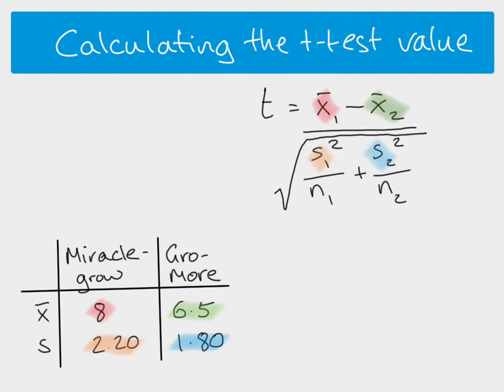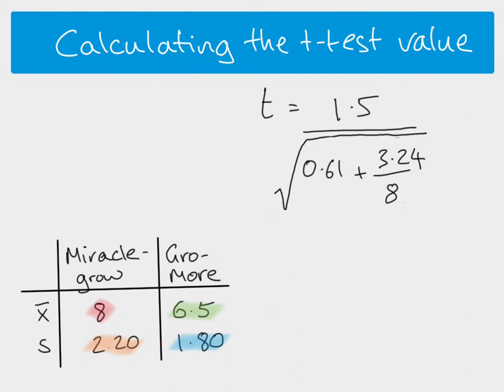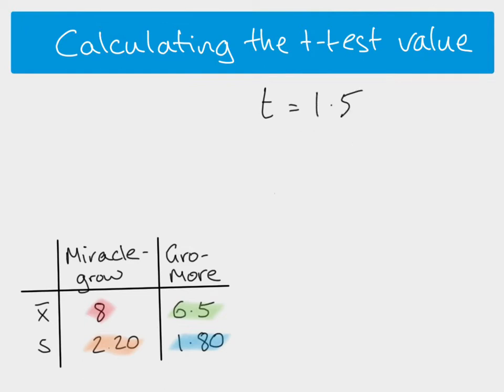So now we're just going to substitute them into the equation. We're just going to follow through, adding the numbers in, and then just doing each calculation bit by bit. So eventually you end up with a t-test value of 1.5.